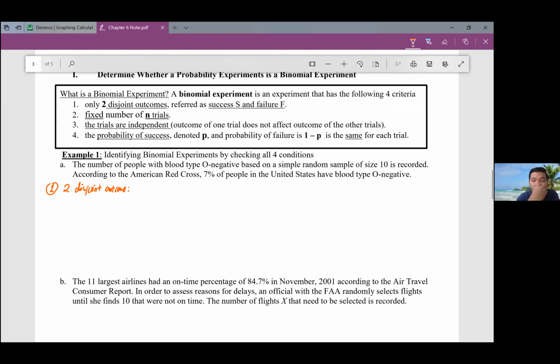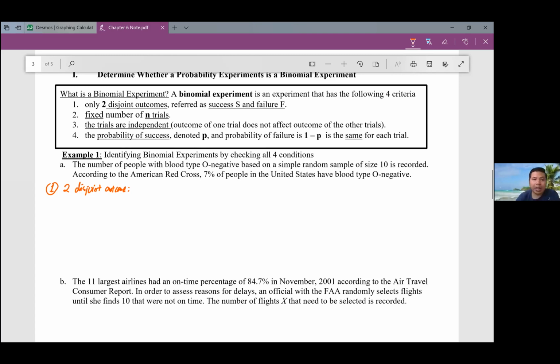You want to see whether it's good to go or not. So let's take a look at our first example. The number of people with type O negative, based on a simple random sample of size 10, is recorded. According to the American Red Cross, 7% of people in the US have blood type O negative.